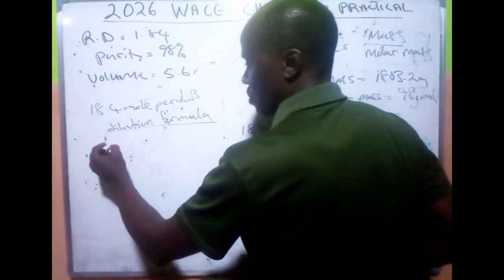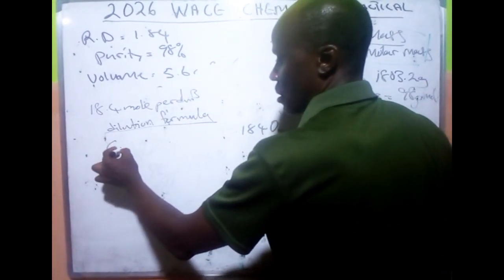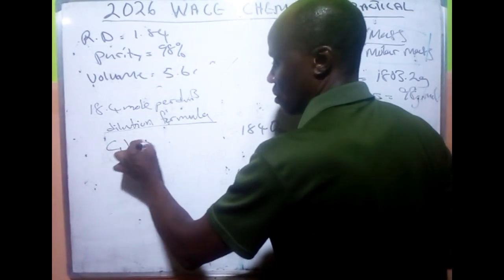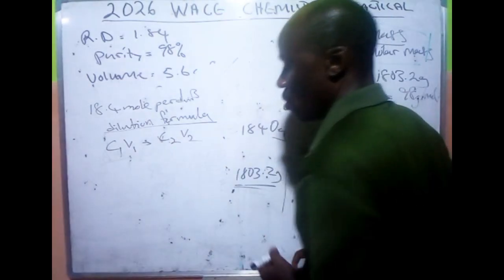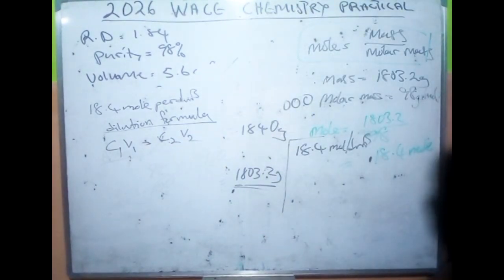Dilution formula, which is C1V1 equal to C2V2. Based on this, this is the formula we normally use in dilution.